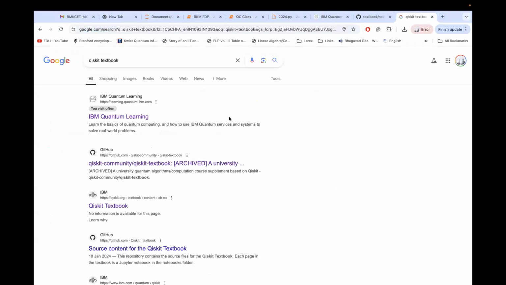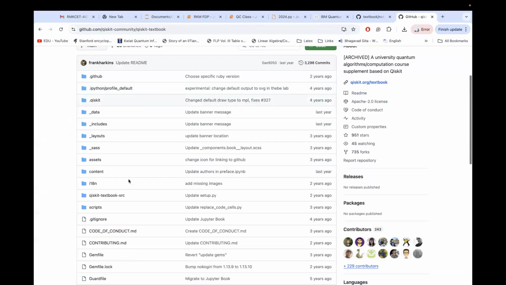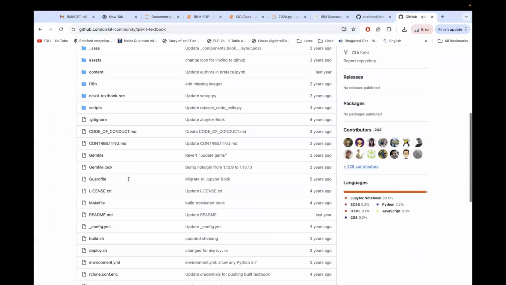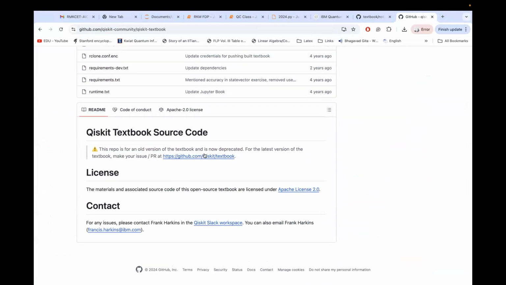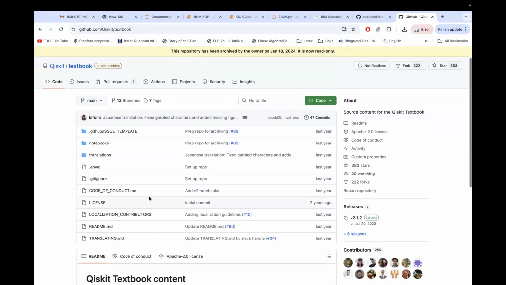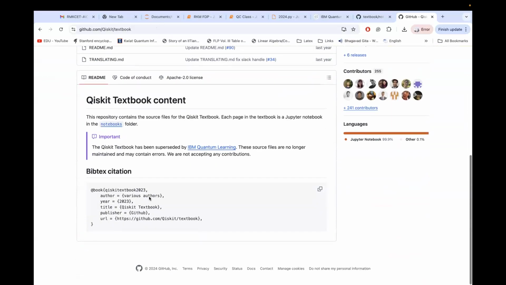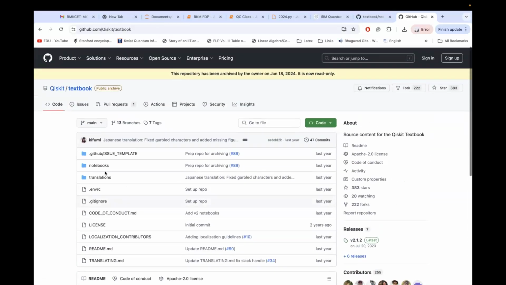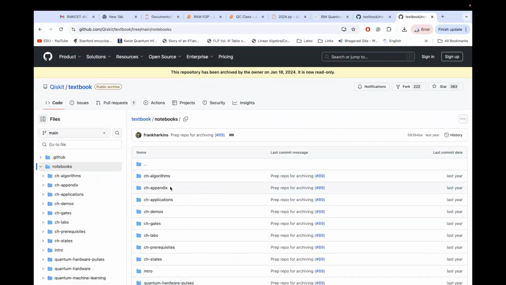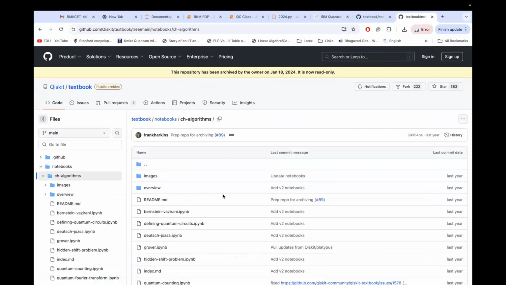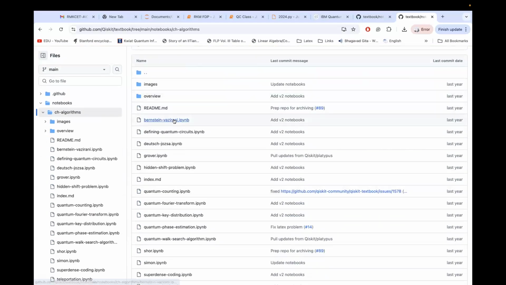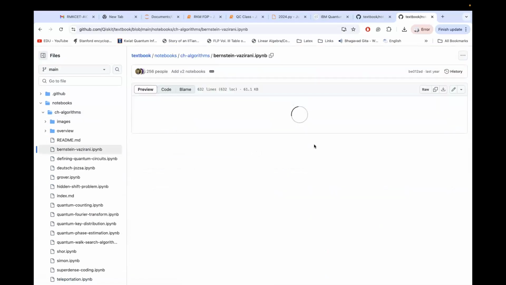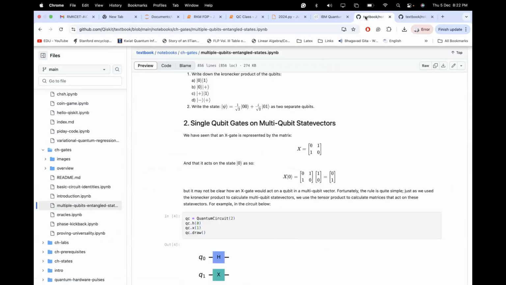If you search in Google, that will direct you to a GitHub page, and there you can see this Qiskit textbook, and that has all the notes in it, right? So you can get the notebooks, and if you want an idea of algorithms, a lot of algorithms are defined in this one.